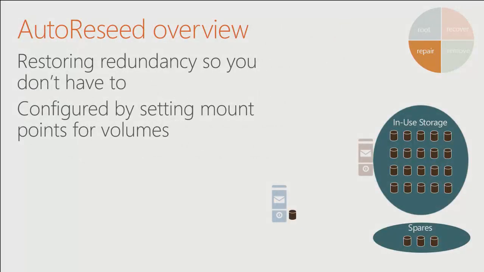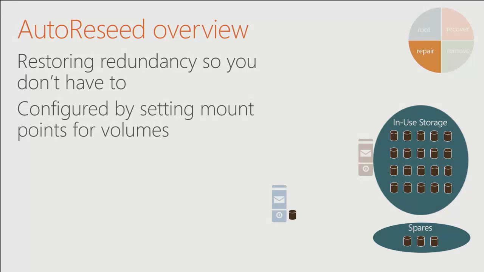All right, time for my favorite feature. This feature directly replaced a couple people that we had reseeding databases and changing mount points. So I'm glad that I don't have to do it anymore. But let me just tell you the basics of AutoReseed. Basically, you set up your server with your volumes configured into the Exchange volumes directory.